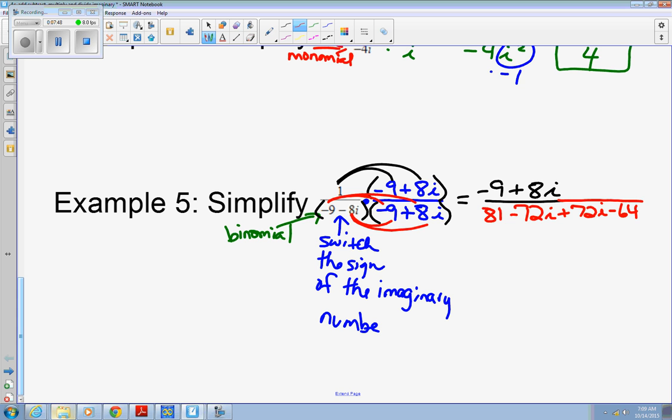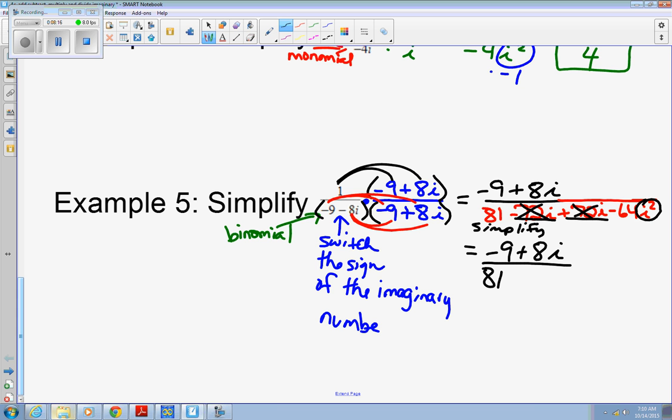This looks terrible in the denominator, but it actually is going to clean up nicely. It always does. The numerator, nothing in the numerator can be simplified. We just keep that the same right away. So now we're just looking to simplify. We have negative 72i plus 72i, those cancel. So we have 81 in the denominator. Remember that i squared is equivalent to negative 1.